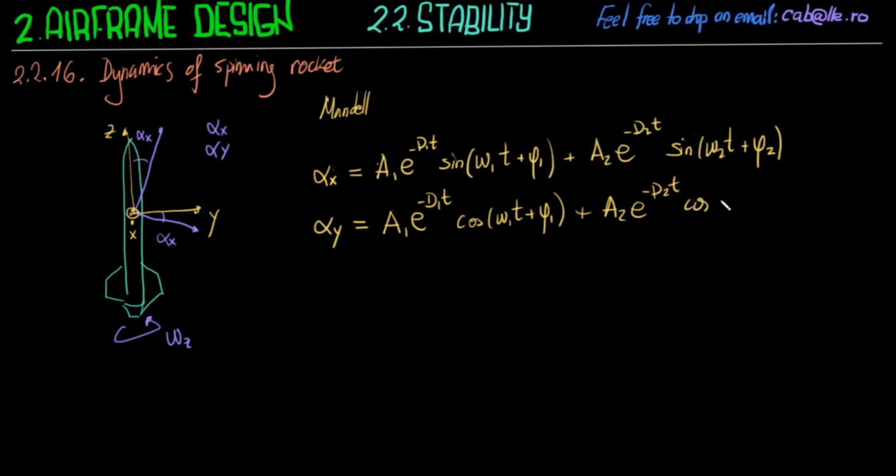So that's why you have cosine here. I'm going to discuss what these equations mean, and we're going to visualize them in the next video. So it's quite different from a non-spinning rocket.